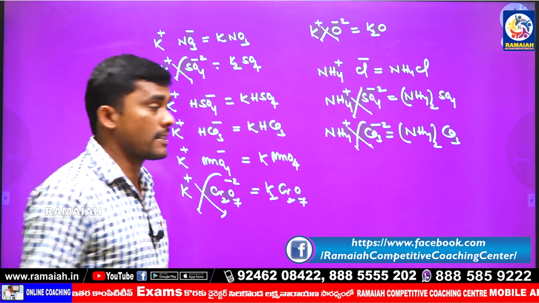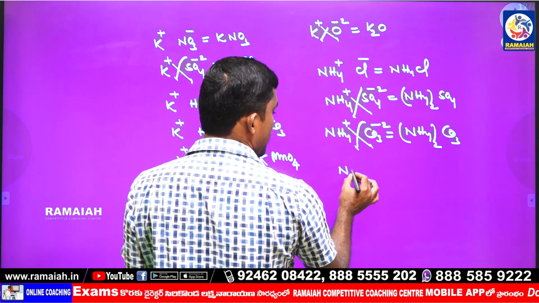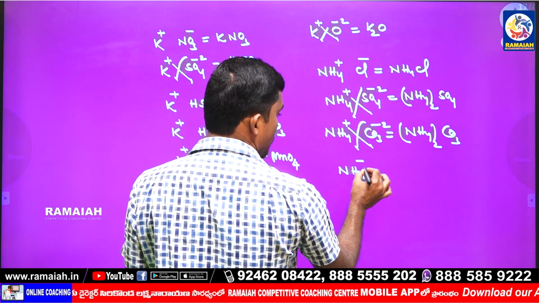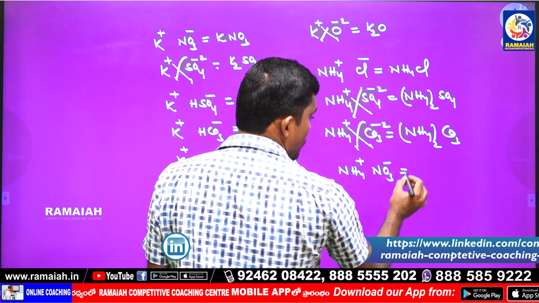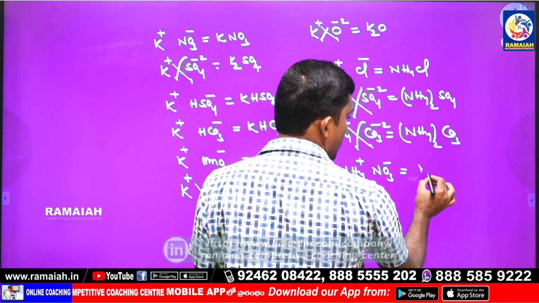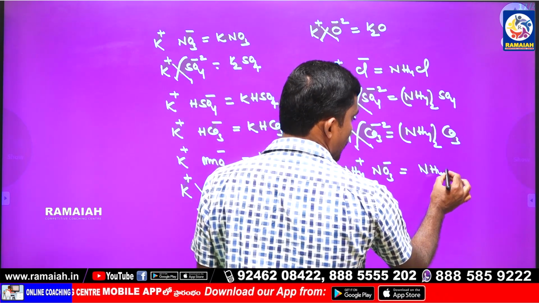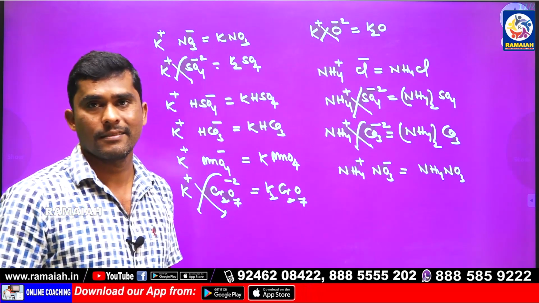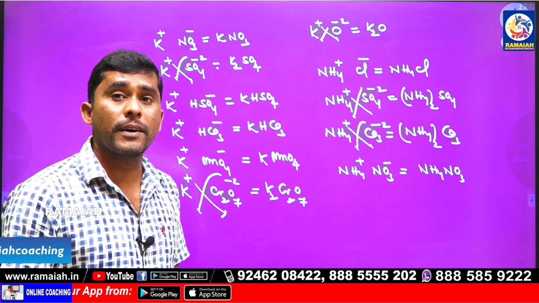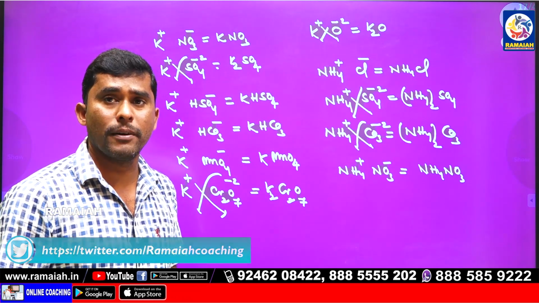Ammonium nitrate: ammonium means NH4 plus, nitrate formula is NO3 minus. Here the charges are equal, the formula is also the same, NH4NO3, ammonium nitrate. Ammonium phosphate, how to write it?